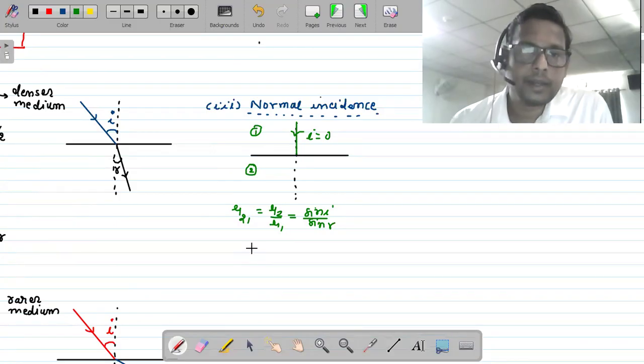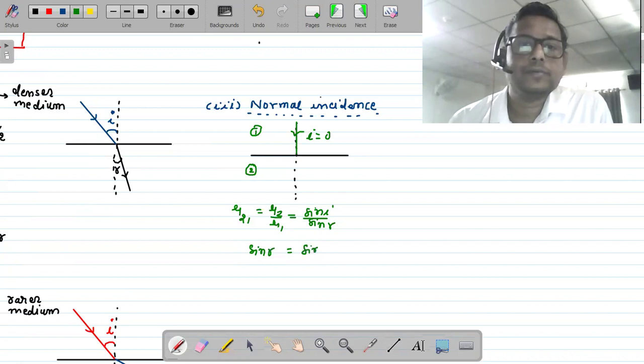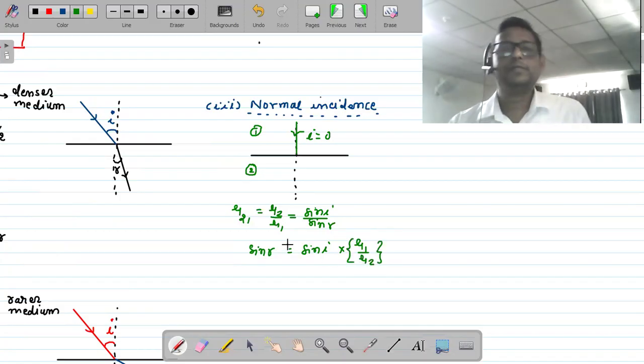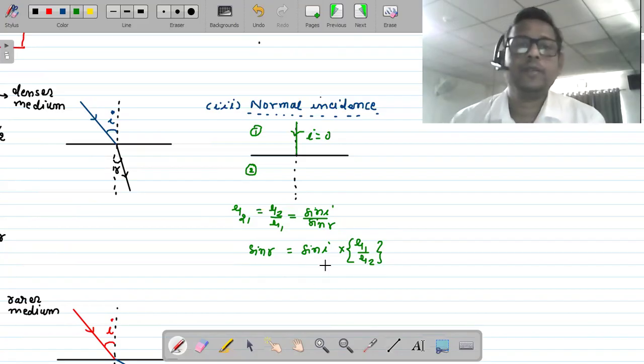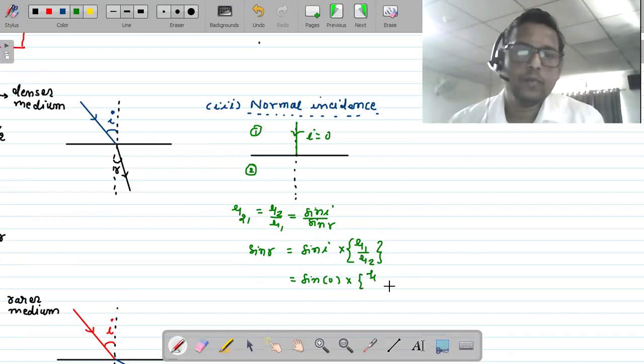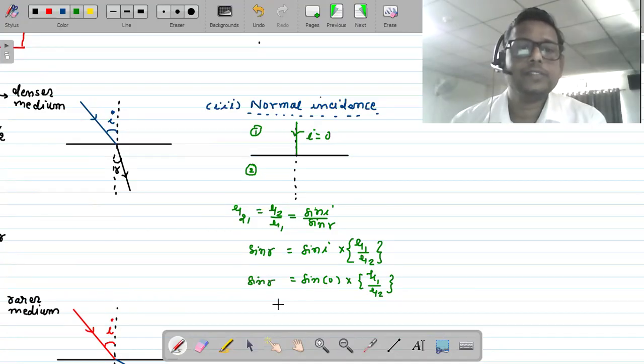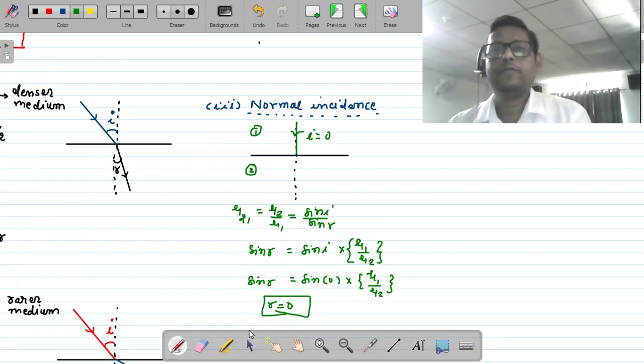From here I can write that sine r is equal to sine I into mu 1 divided by mu 2, where mu 1 and mu 2 are the absolute refractive indices for medium 1 and medium 2 respectively. Now because I is equal to 0, it becomes sine 0 into mu 1 divided by mu 2, and here sine r. So you can see from this you will get r is equal to 0. So the angle of refraction comes 0.